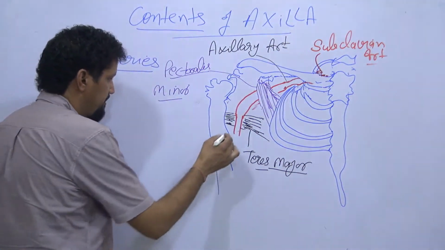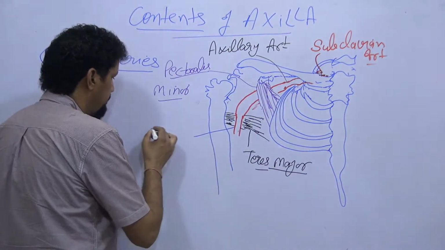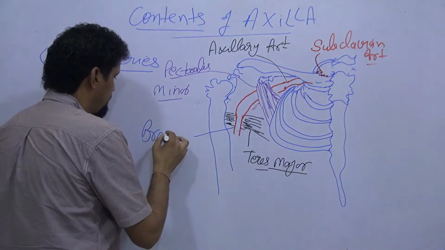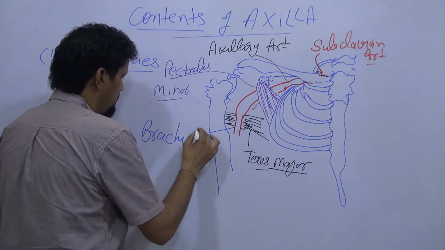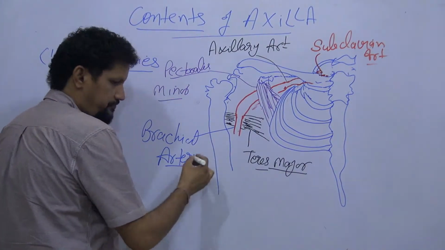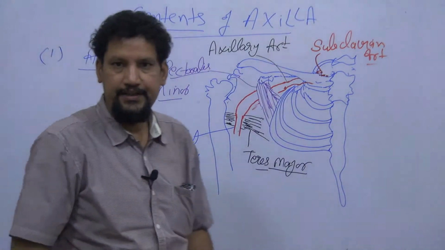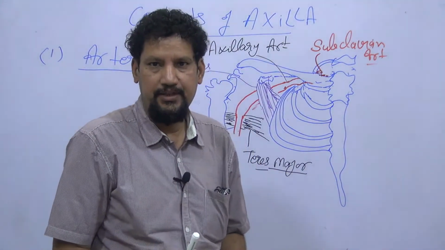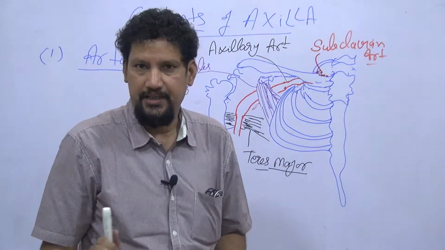So here the name is brachial artery. So one artery, three names: subclavian, axillary, and brachial artery.